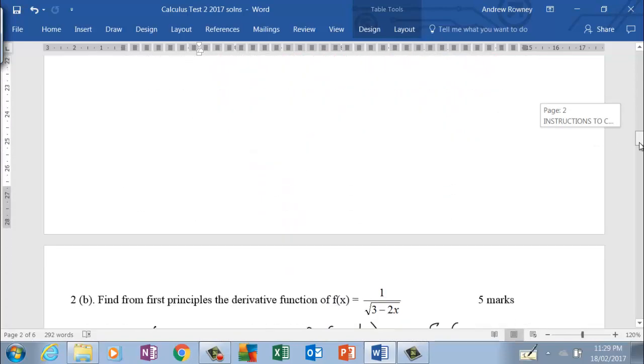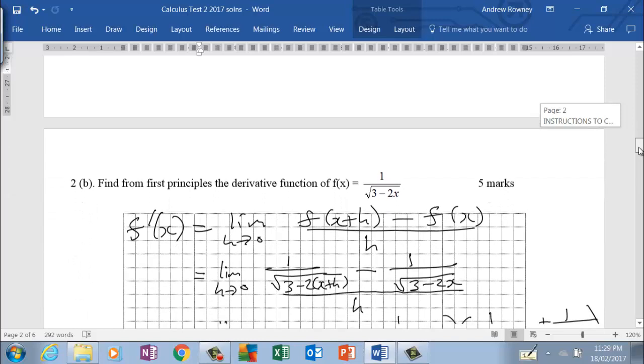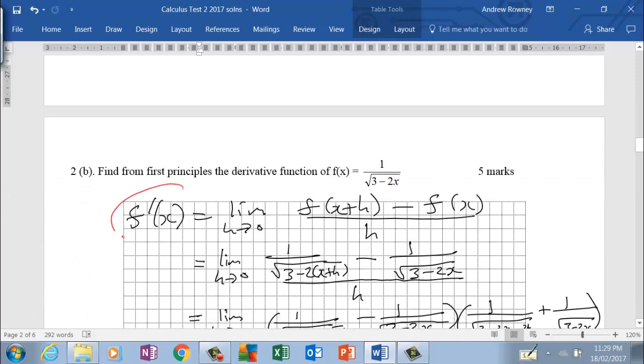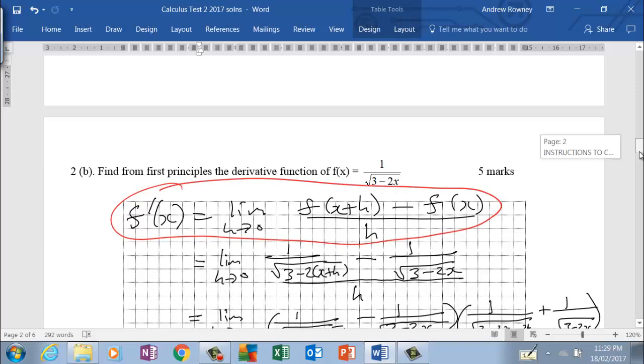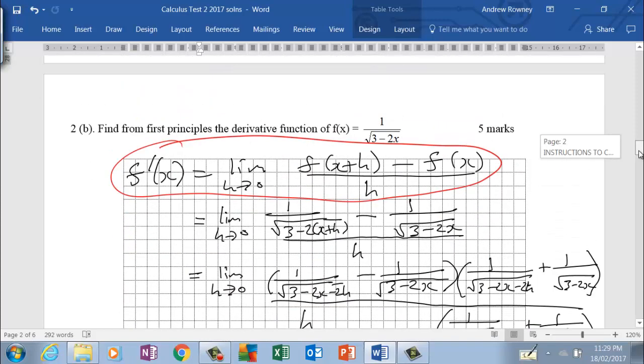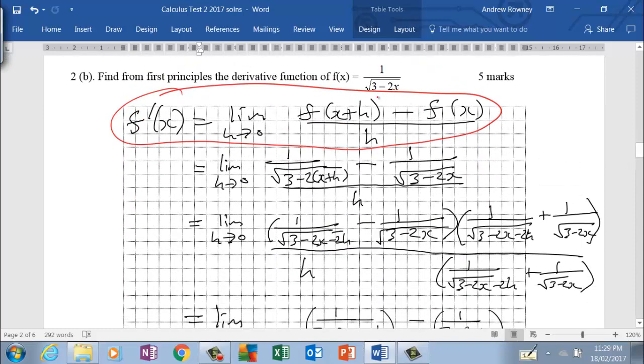The next one is working out the slope function at a general point. To do that, we need the general function with the h's involved in it. That's the general function. Now we have to replace f of x with x plus h incorporated into it. So instead of x there, we're going to replace it with x plus h, and that's what we've done down here.